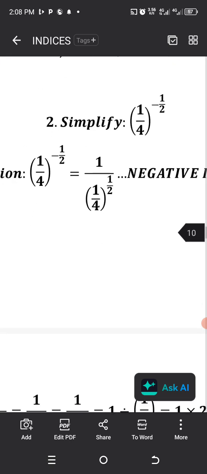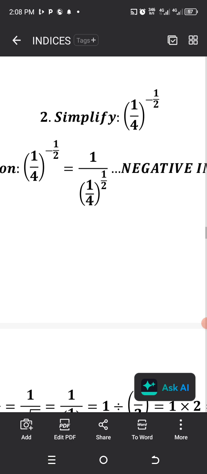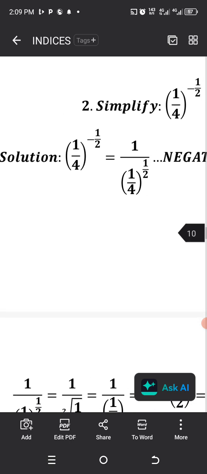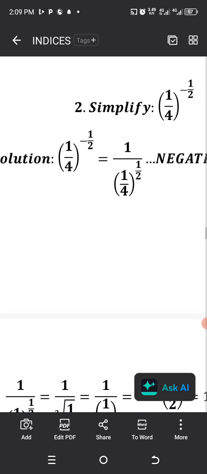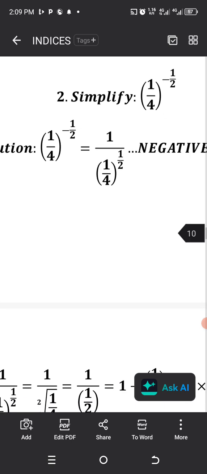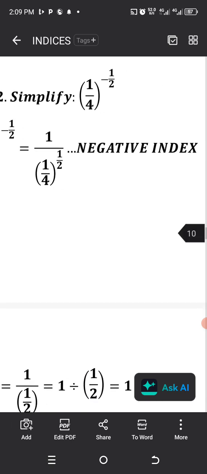The second example is you have to simplify 1 over 4, inside parentheses, all raised to power minus half. I told you this is a negative index and a fractional index. So solution: since it is a negative index, you first change it to a fraction, that is 1 over inside the parentheses 1 over 4 all raised to power 1 over 2.